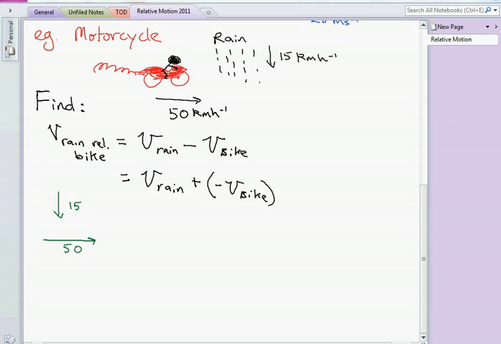But we want negative V bike, which will be negative 50. So it's a little bit pointless having the negative, to be honest.